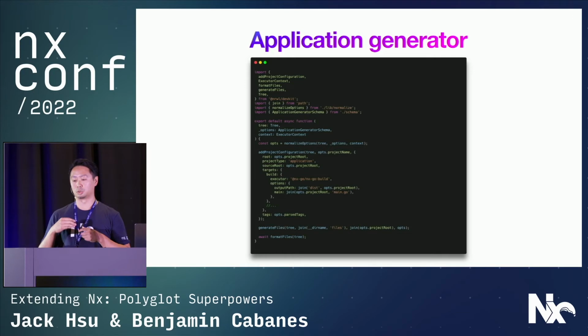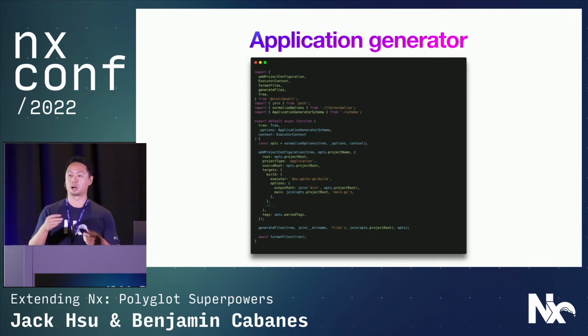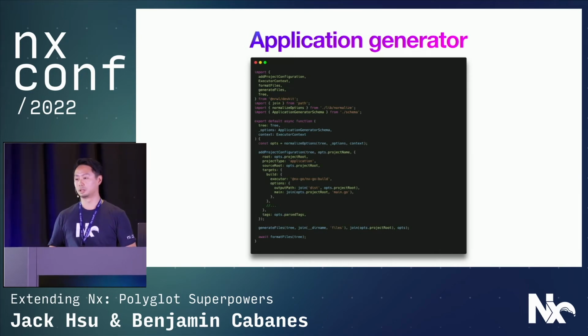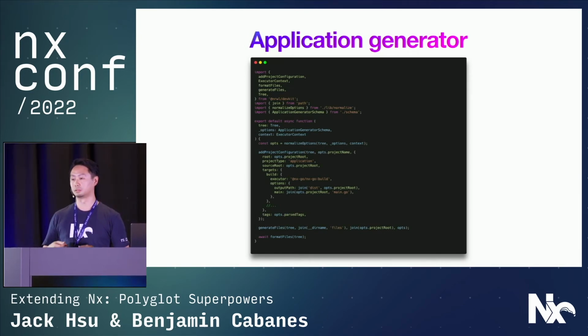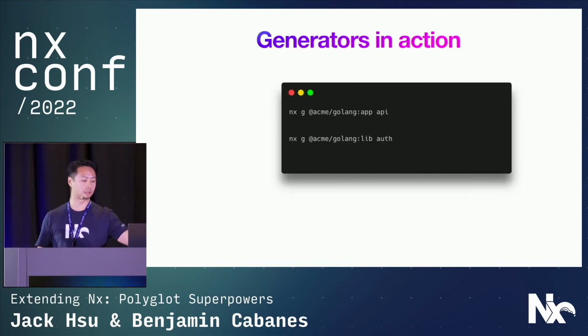And then there's also another function called generate files. And this is a function that's going to copy some files over from a directory. And because it's templated, you can do some variable substitution if needed. And lastly, we're going to format the file. So this could be some JSON files, maybe some YAML files that will be formatted.